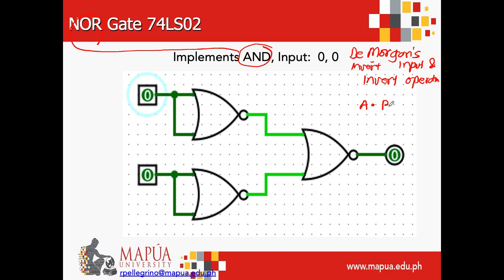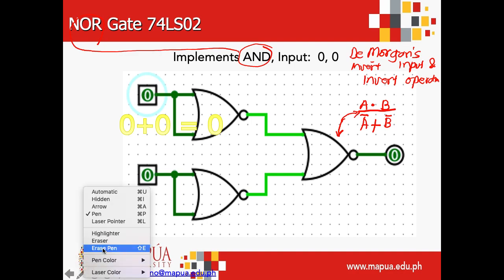So that means if I have here an AND operation, A and B, you have to invert the inputs, thus we have A inverted, and invert the operation, thus you have the plus, and then you have the B inverted, and then you have the final NOR gate. So that is the De Morgan.